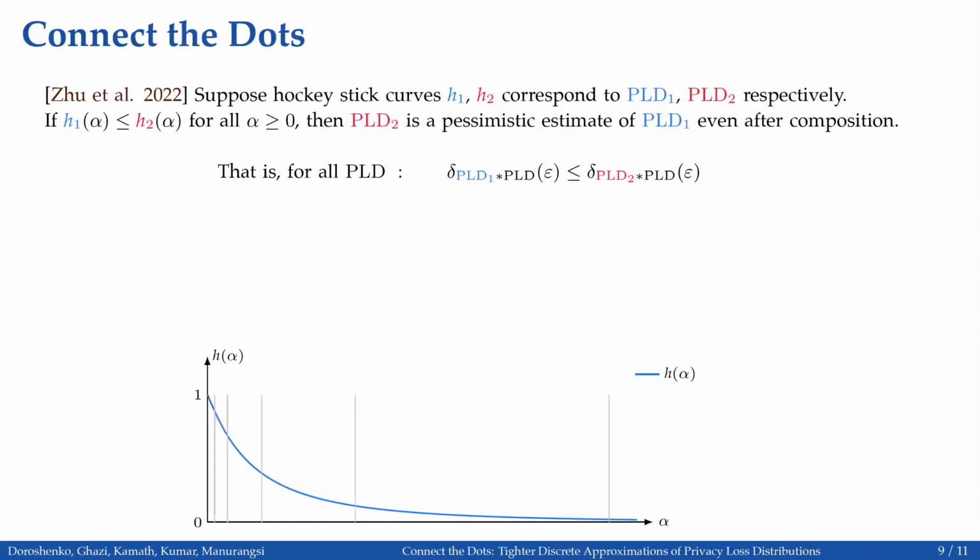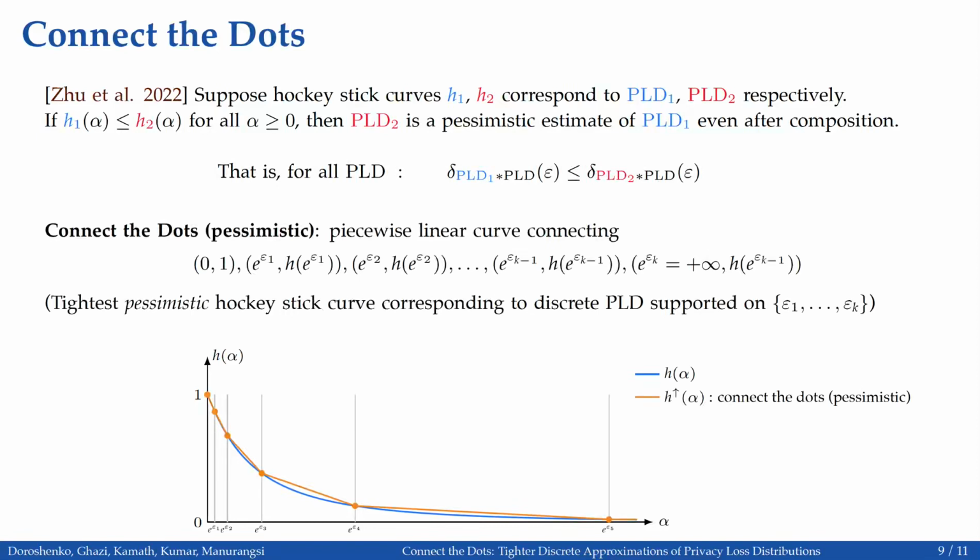Thus, given any hockey stick curve and a specified set of epsilon values, we have a natural approach. We simply connect the dots to get a piecewise linear hockey stick curve that is precisely anchored on the desired e to the epsilon values, thus corresponding to a pessimistic PLD that is discrete and supported on precisely the specified set of epsilons.